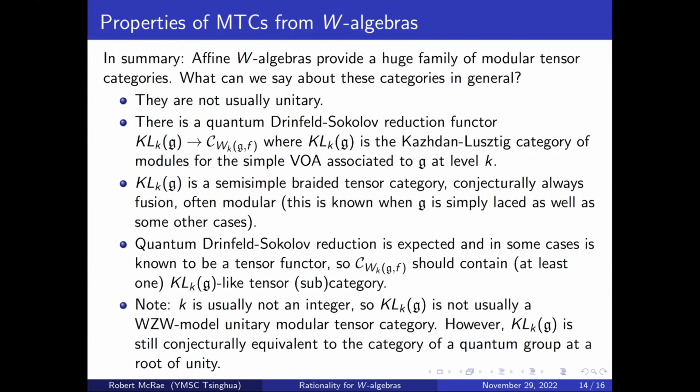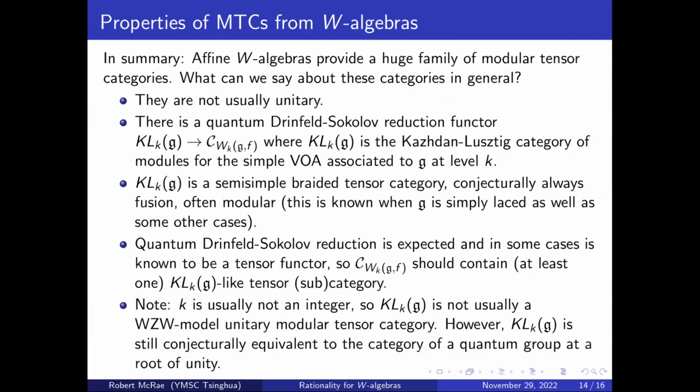Conjecturally, it's always a fusion category, which means it's finite and semisimple and rigid. It's not always a modular tensor category, although sometimes it is. It's conjectured that this category is always rigid, and this is actually known when G is simply laced, as well as in some other cases.